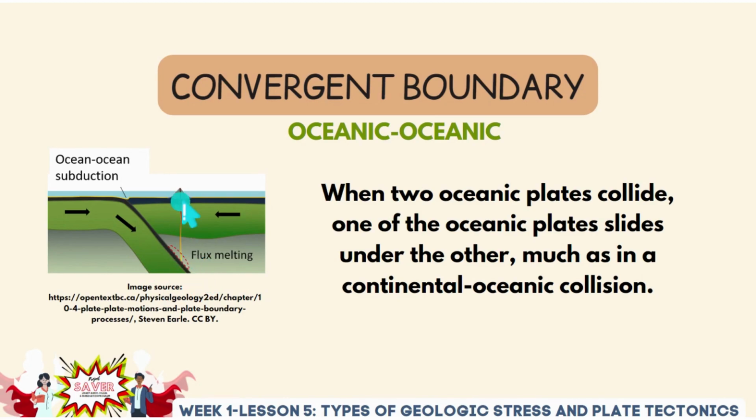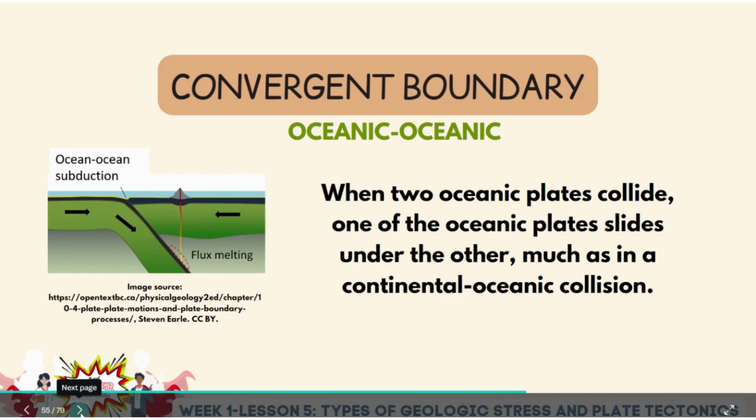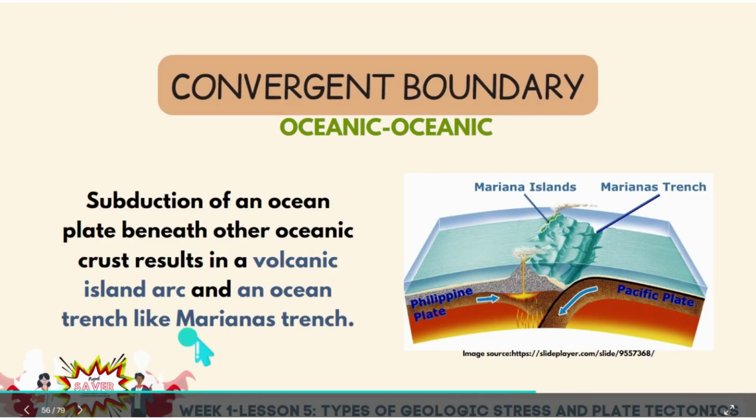And this can form magma. On the other oceanic plate, pwedeng makaform ng fold at dahil may magma sa ilalim, it can become a volcano. So this is the reason why there are volcanoes even in the ocean.